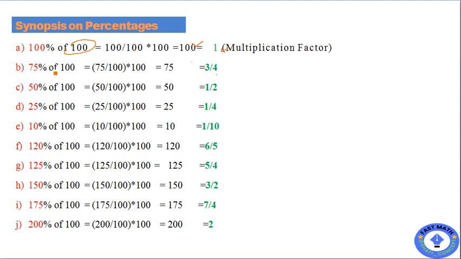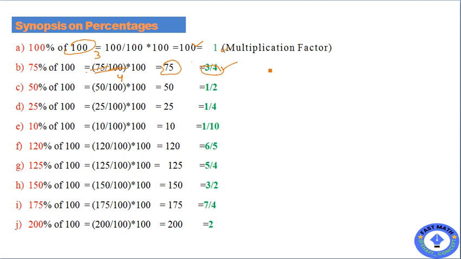Coming to 75% of 100, you have 75 by 100 into 100. That means it is nothing but 75%. That is how 3/4 is the constant, a multiplication factor that can be used for such problems. How did you get the 3/4? It is 3 times 25s are 75, 4 times 25s are 100. That is the constant factor. 3/4 can be multiplied to get 75% of any problem.